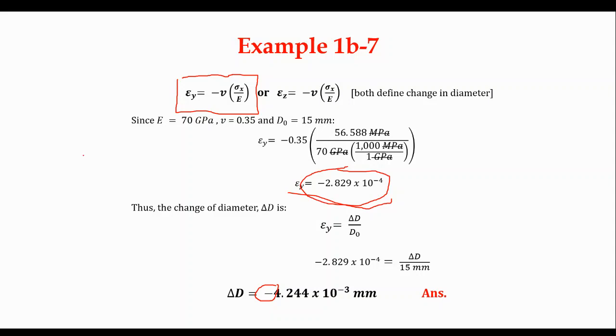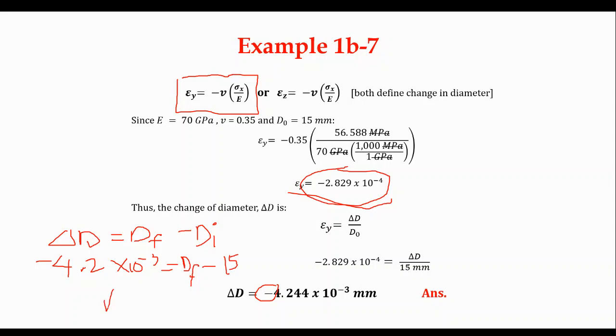So if you are to solve the final diameter, so unsa naman ang final diameter? Okay, back to change in diameter is equal to final minus initial. Alright, so take note, ang change is negative 4 point something, so 4.2 na lang kung ibutang diri. 4 point something times 10 raised to the negative 3, equal to the change in diameter, equal to final minus initial na 15.